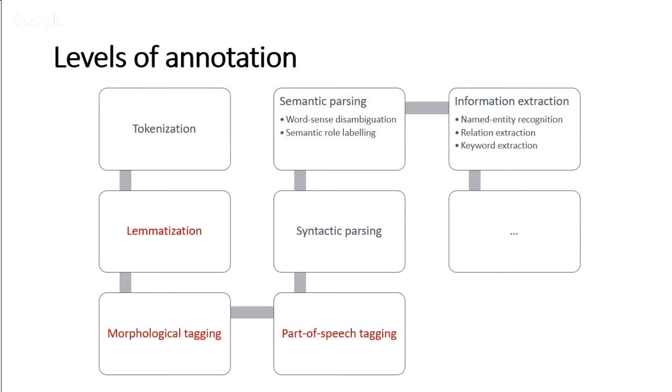And then you can go even further into named entity recognition, relation extraction, keyword extraction, topic modeling, so trying to find larger items of interest in the text. So these are the building blocks that, as I said, are not presented in a strictly linear order, but it's helpful to imagine these steps one after the other to understand how they build on each other.